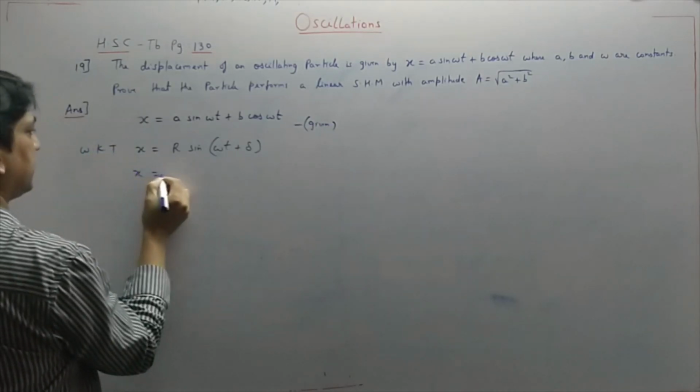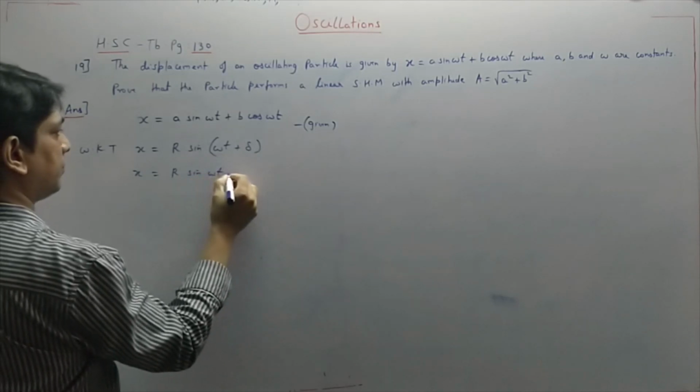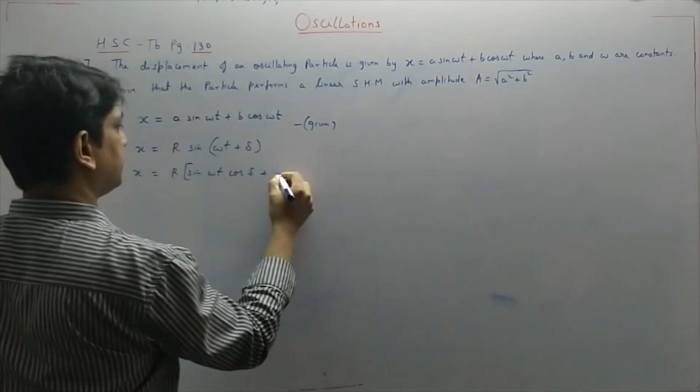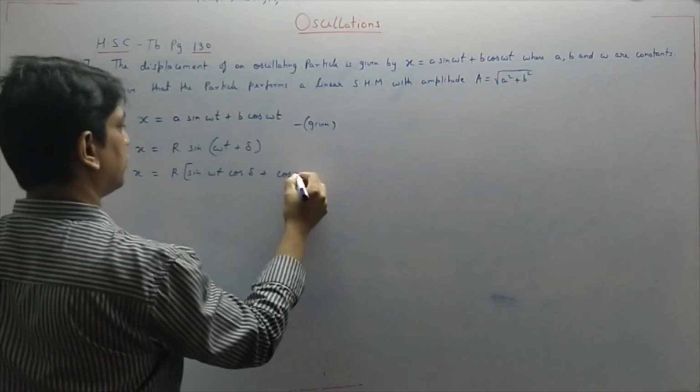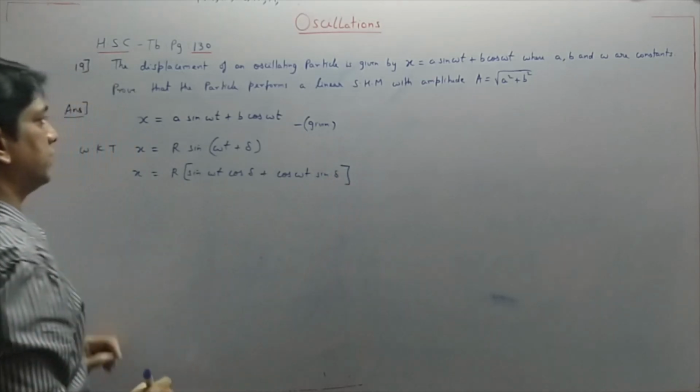And this is nothing but x is r sine a cos b plus cos a sin b. This is what we are getting.